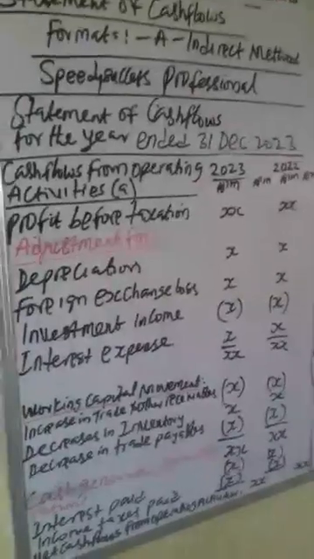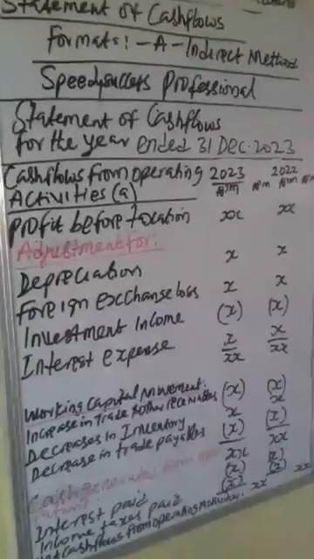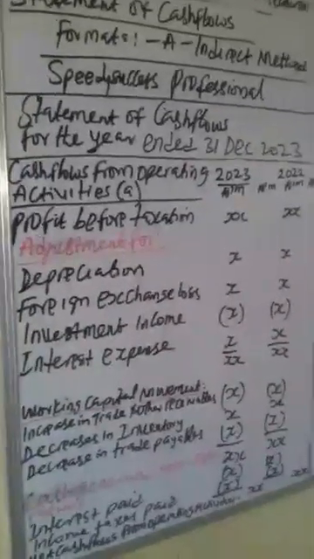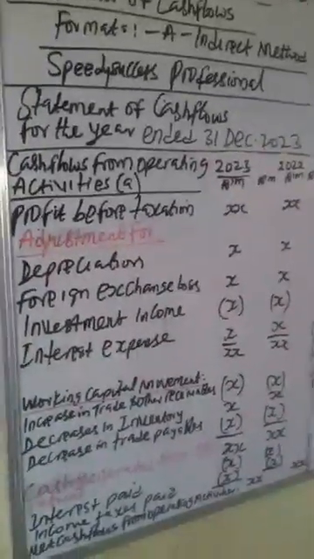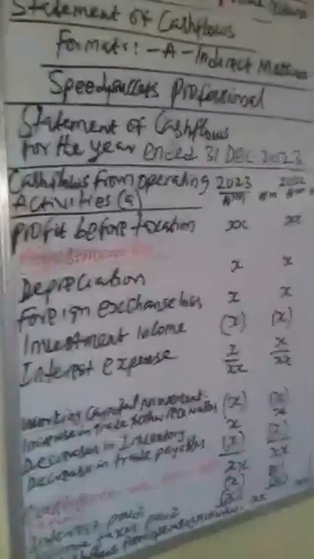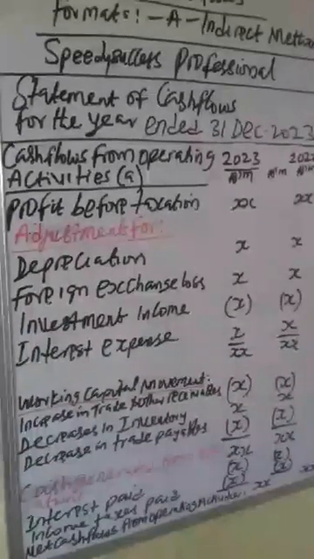When it is an increase in current assets, it's a cash outflow. I say that again. When it is an increase in current assets, it is an outflow. When it's a decrease in current assets, it is an inflow.